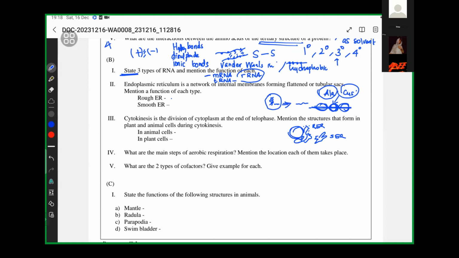So after they produce the proteins, so let's say these are the proteins, they form a vesicle-like thing. This is the ER. They form a vesicle and transport to the places where the proteins are needed. So it forms the vesicles and it facilitates the growth of the membrane. What do you mean by facilitating the growth of the membrane?